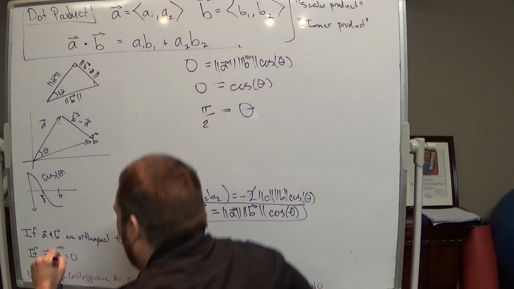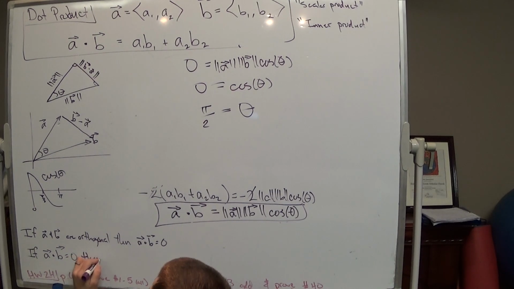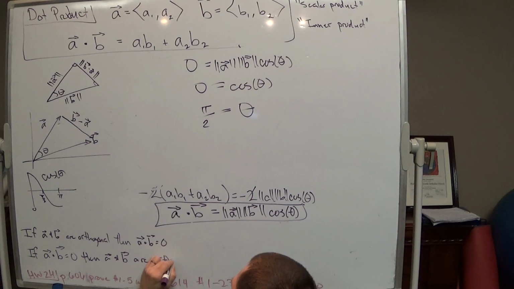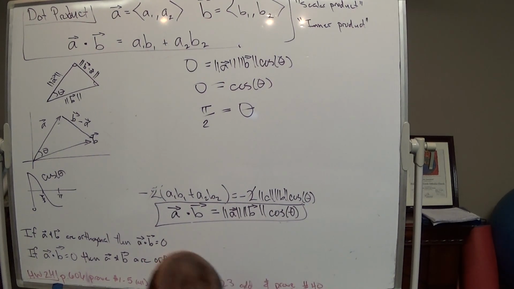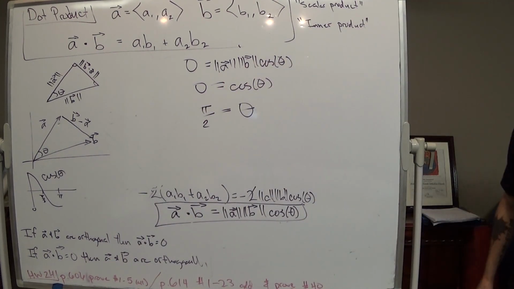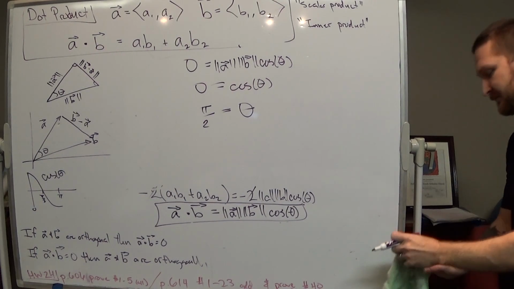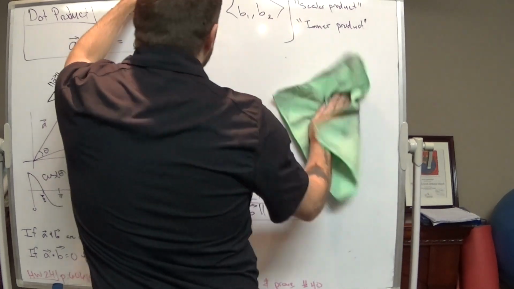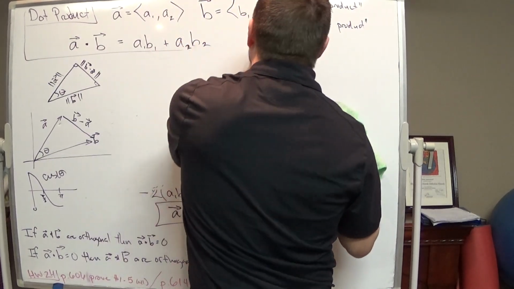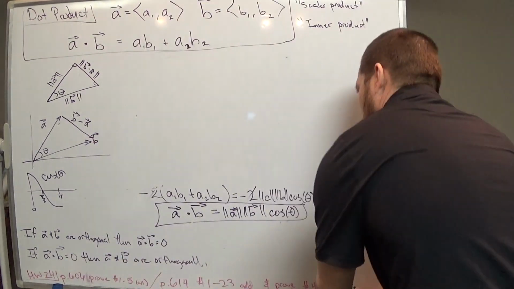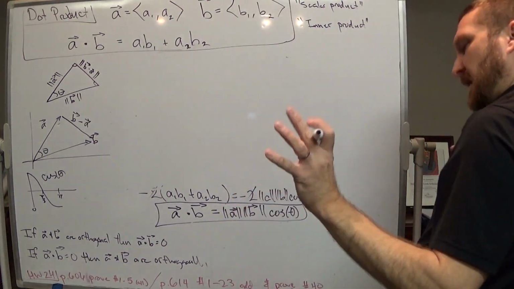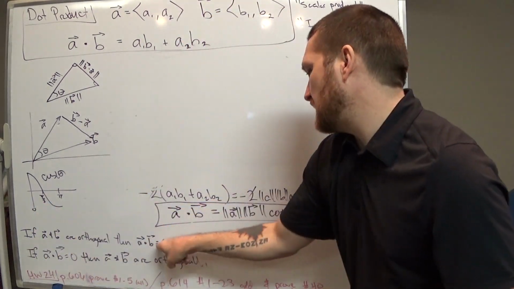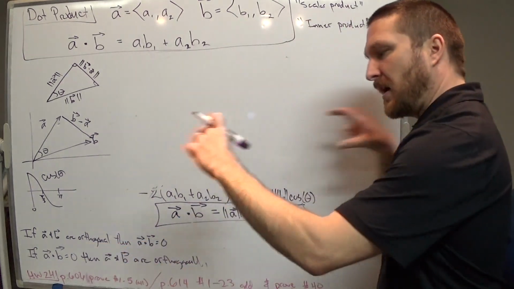Therefore, if A dot B equals 0, then A and B are orthogonal. In other words, and this is big here, we have the implication going both ways. How do we say that? You could put it as arrows, the arrow going both ways. So instead of saying A and B orthogonal implies this, or that implies this, you do the arrow both ways.